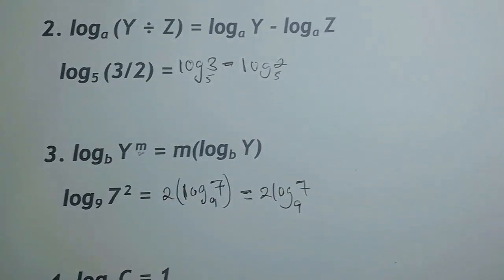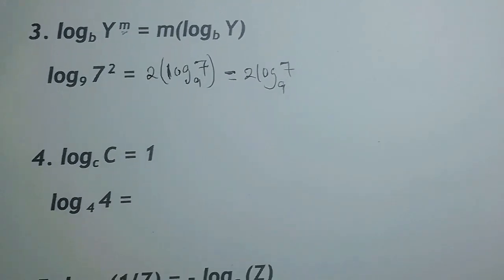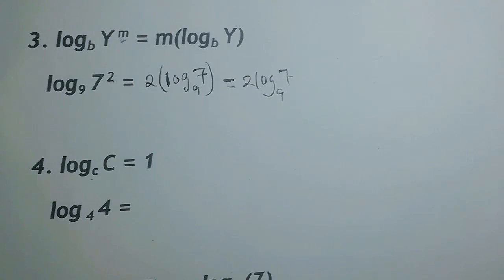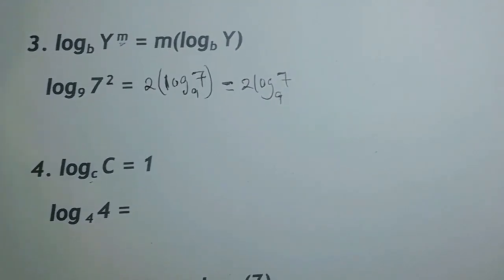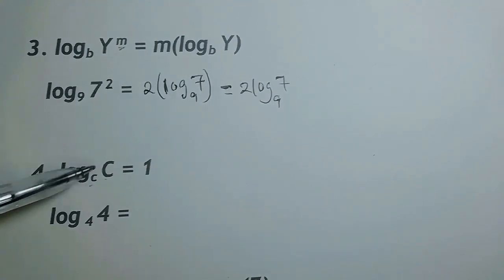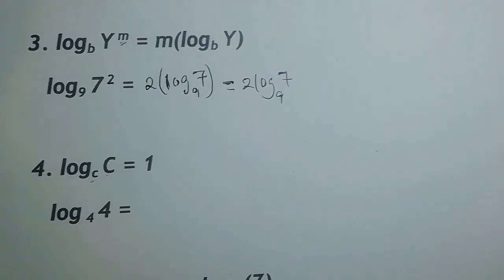So that's the third law. The fourth law says if you have log c base c, that's equal to 1. No matter what the number is, as long as this number is the same as the base, the log will result in a 1.